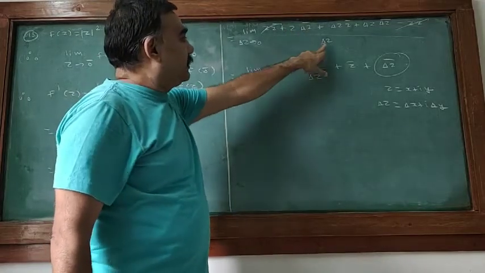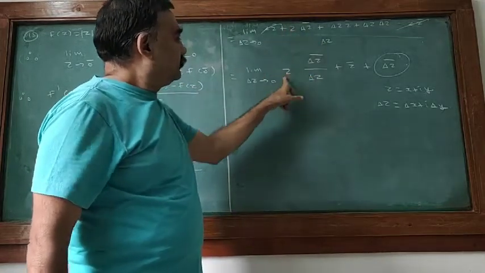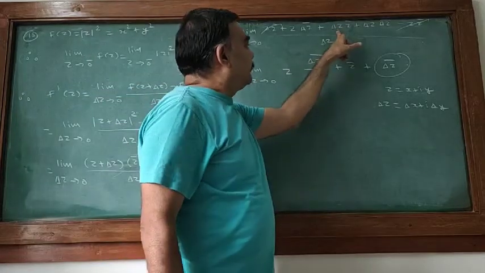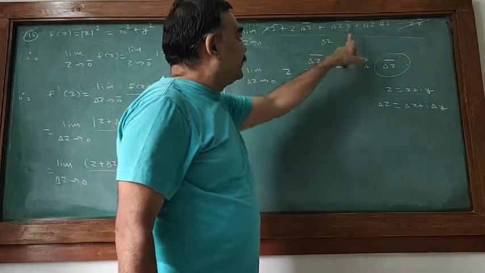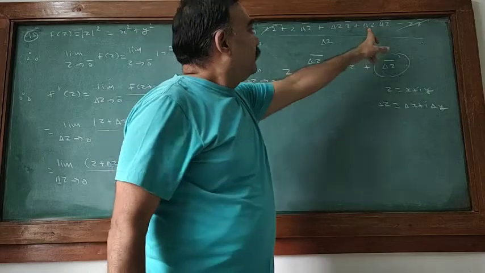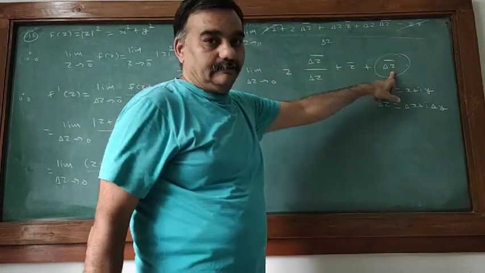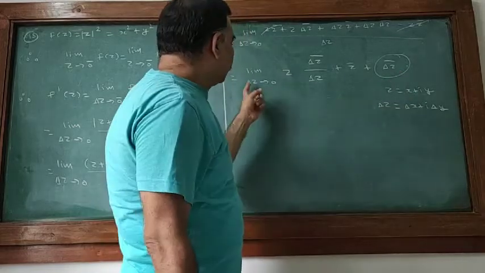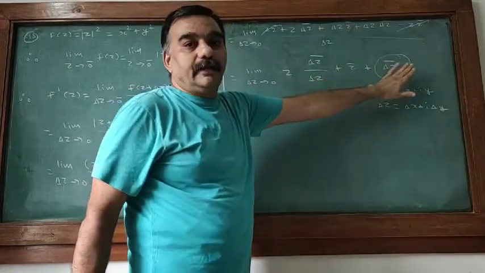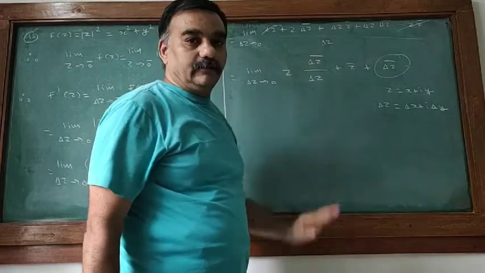z delta z bar upon delta z. So here delta z will be cancelled and therefore only z bar remains there. Delta z will be cancelled and therefore only delta z bar. But now delta z tends to 0 and therefore this term will not be in the further calculation.